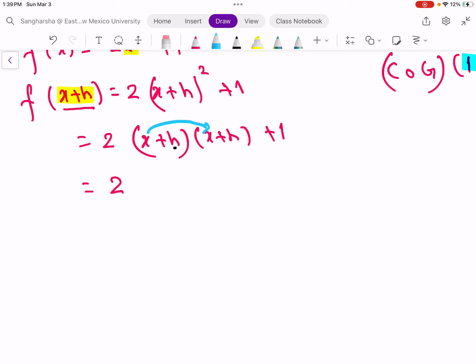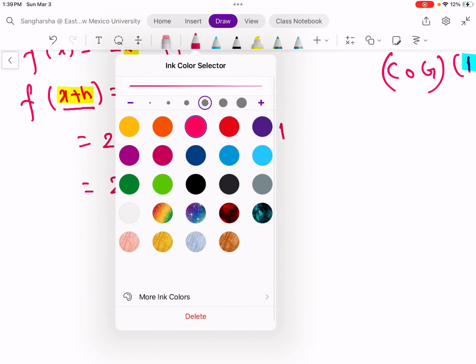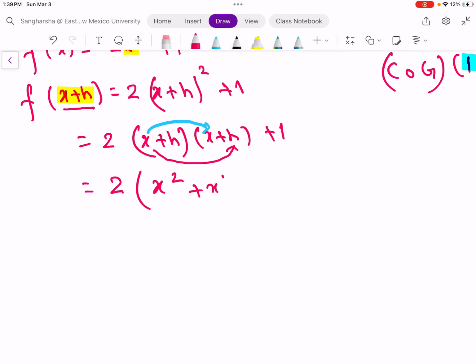We're going to get more than 2 terms, so we use parentheses: x squared. We multiply the outside terms, x and h, x times h, that is xh. Then we multiply the inside terms, h times x, which is hx or xh, and we multiply the last terms, h times h, which is h squared, plus 1.